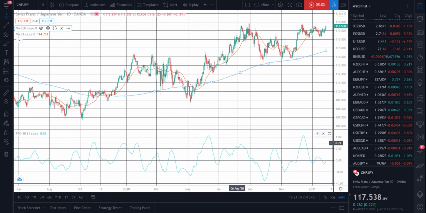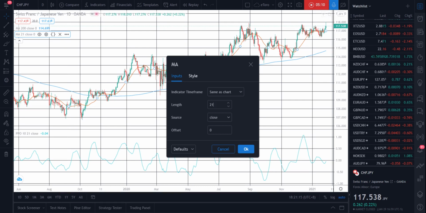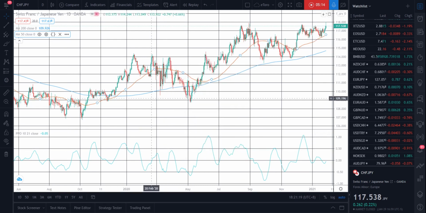So I'm making this 200, and then I'm changing the other one to 50. Why am I doing this? Just to determine the trend. You can see from here the trend is up because the 50 MA is above 200. That's a very normal procedure many traders use to determine the trend.